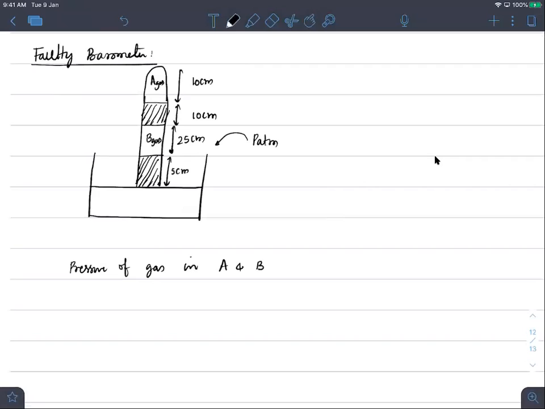This ATM pressure is approximately given as 76 centimeters of mercury, just for our convenience. All of you have to calculate the pressure of gas A and the pressure of gas B, if this kind of a faulty barometer is present.